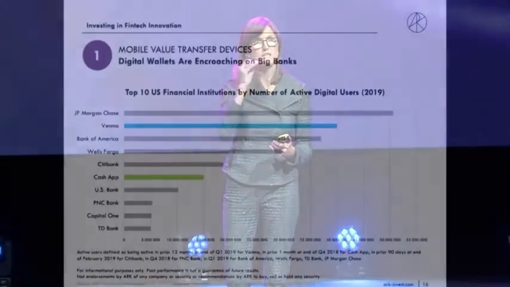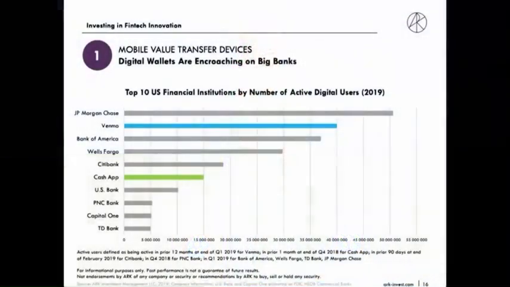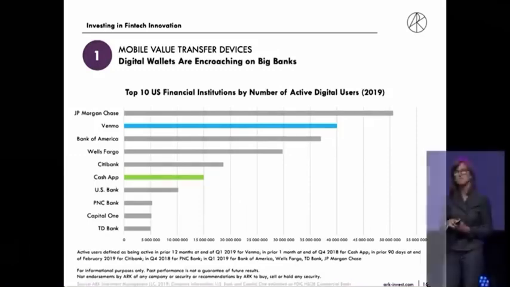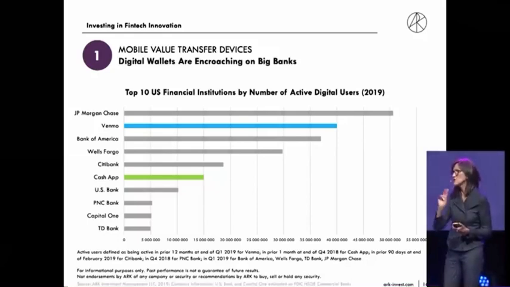If you look at the number of digital customers, now this is just for the US because this is the data that's easy to get. If you look at the number of US customer digital asset accounts, you'll find that Venmo is already number 2, right behind JP Morgan.